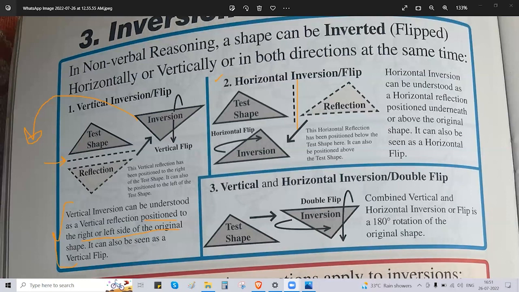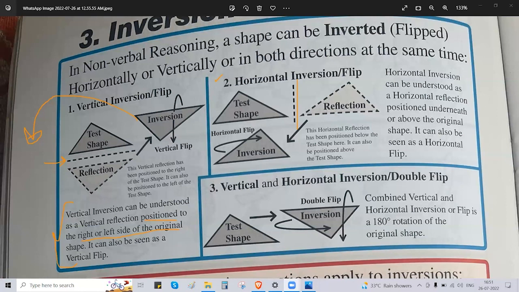I think that it could work because first, what's happening with the shape is it's getting reflected. First vertically it's getting flipped, and then horizontally it's getting flipped. It says also that a combined vertical and horizontal inversion flip could be a 180 degrees rotation of the original shape.